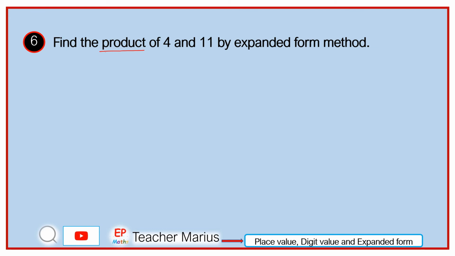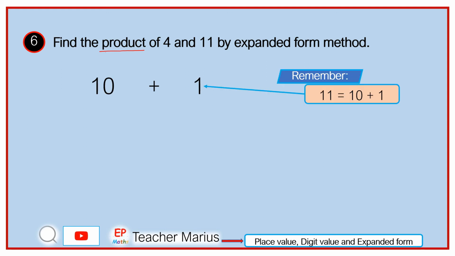Okay? So in our step number 1, we will write 11 in expanded form. To write 11 in expanded form, we simply get 10 plus 1. Then we multiply it by 4. So we will get 1 times 4 to get 4.